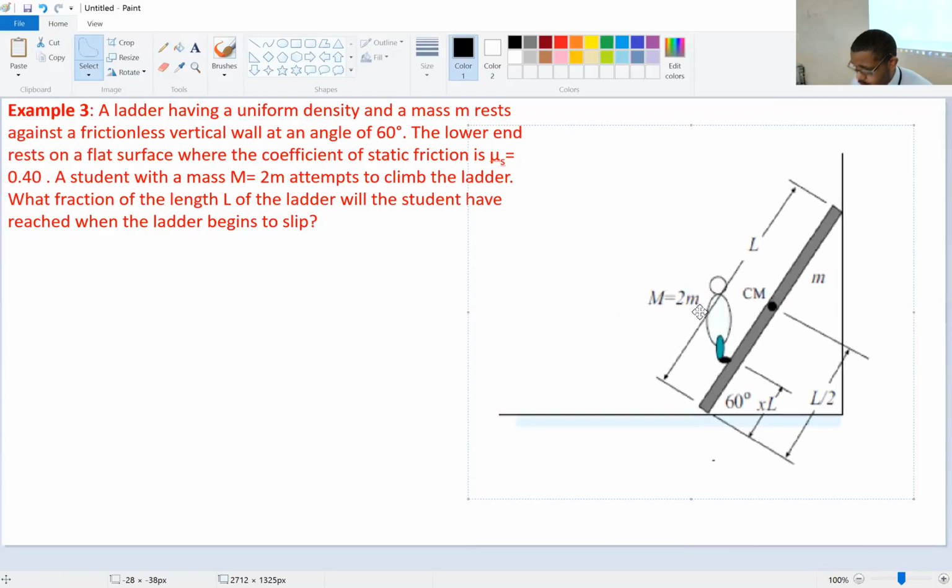Move this over. Okay. So we have the center of mass here of a ladder. And basically, what we're asking is this guy is climbing up the ladder, and at some point it is going to slip out from under him. And we want to know, at what point is that going to happen? So we need to use several equations.